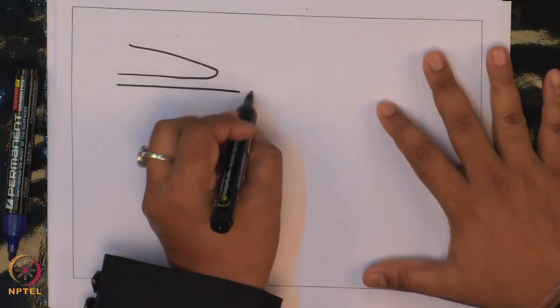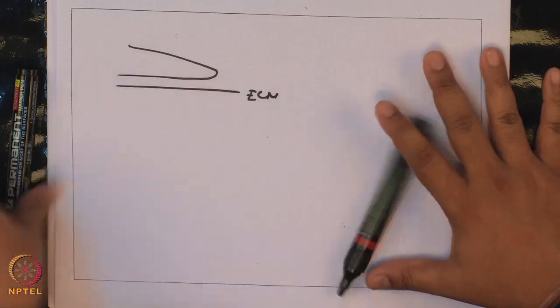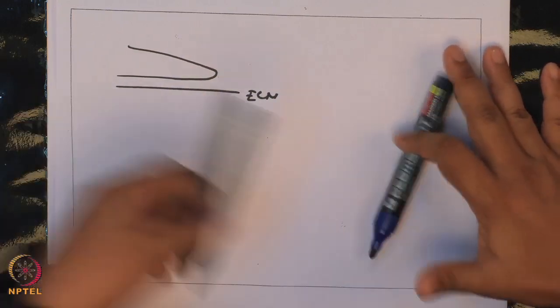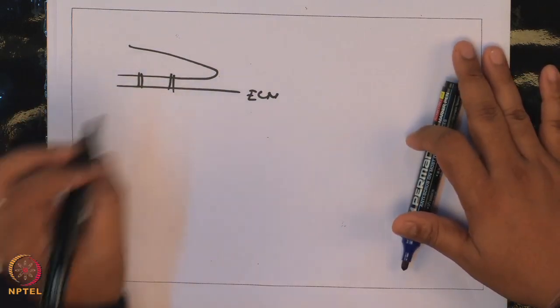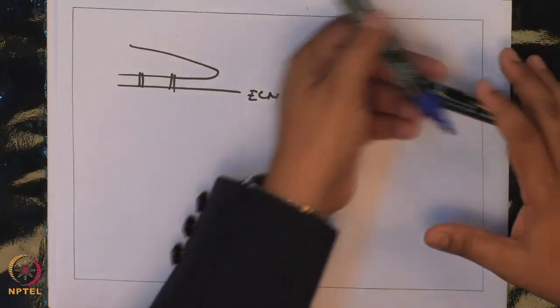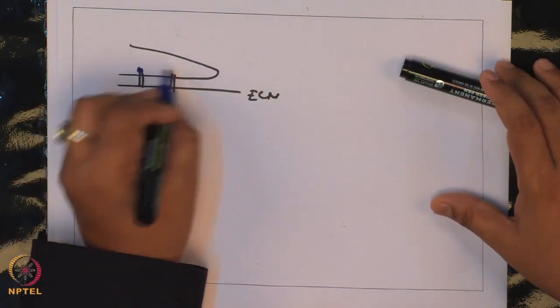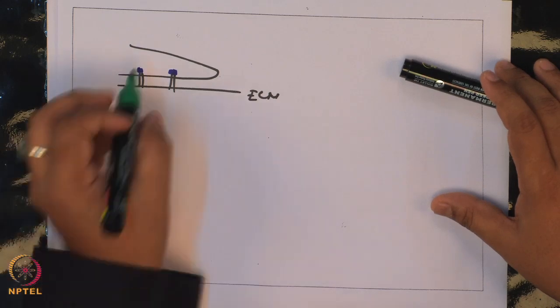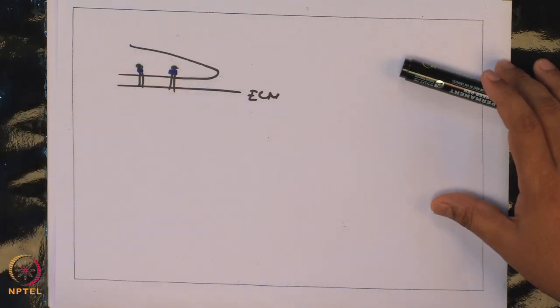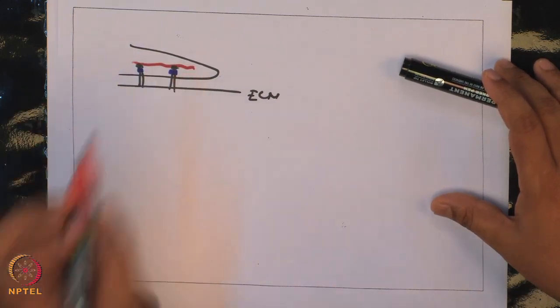Now imagine a situation, you have your cell membrane, this is your ECM, you have your integrin molecules here, and then various other proteins. I am just drawing these layers, and eventually you have your actin filament.